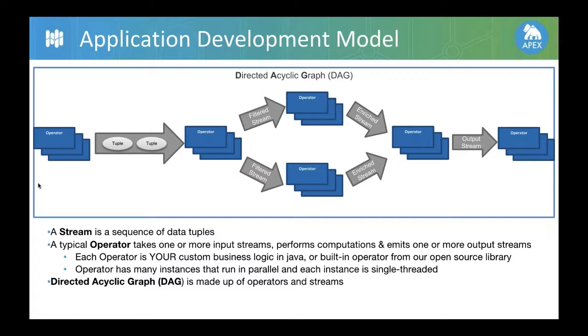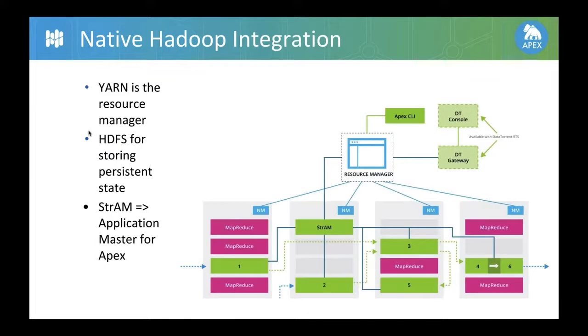Over here we have an input operator, and over here we have an output operator. You build your application as a kind of directed acyclic graph, and we simply submit the application, and then the application will simply run.